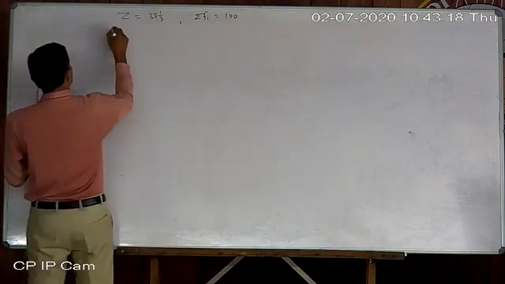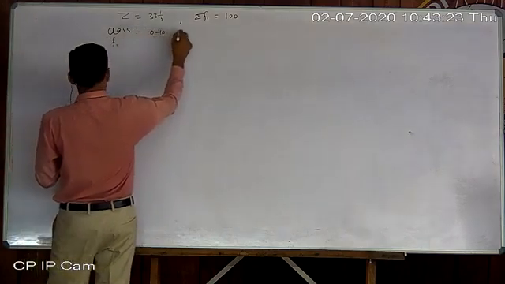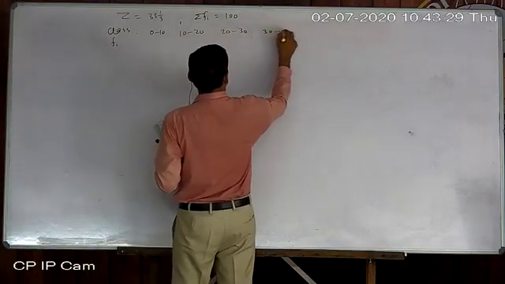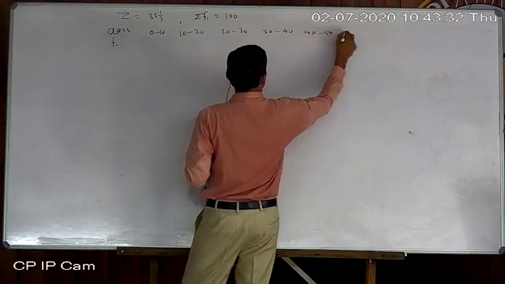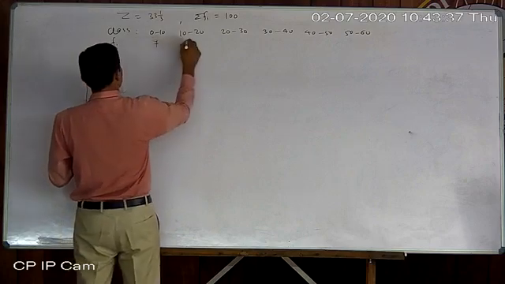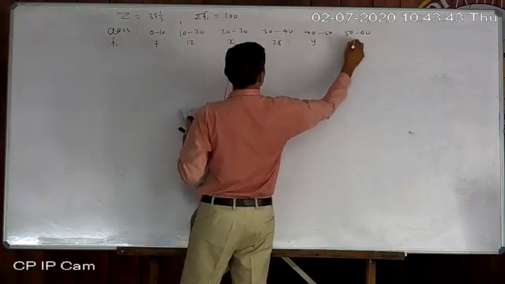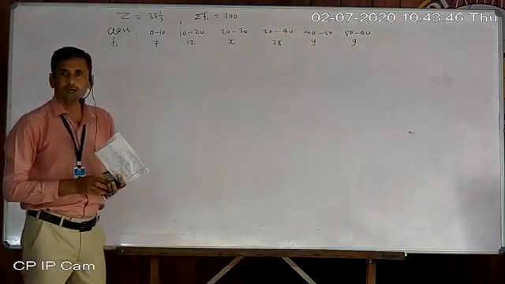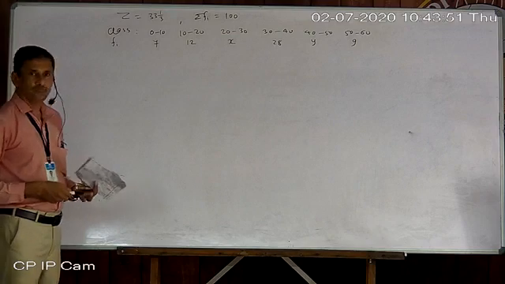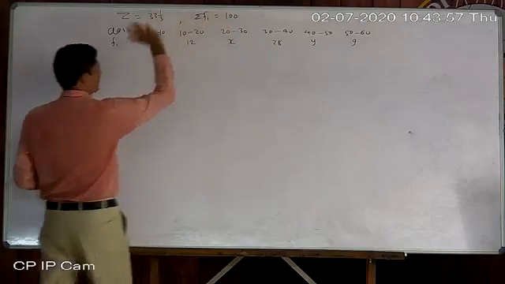Now classes are given 0 to 10, 10 to 20, likewise up to 60, and frequencies are given 7, 12, 8, 28, y and 9. So mode is given, sigma fi is also given, that's why only two frequencies are missing. Whenever two frequencies are missing, sigma fi is also given.